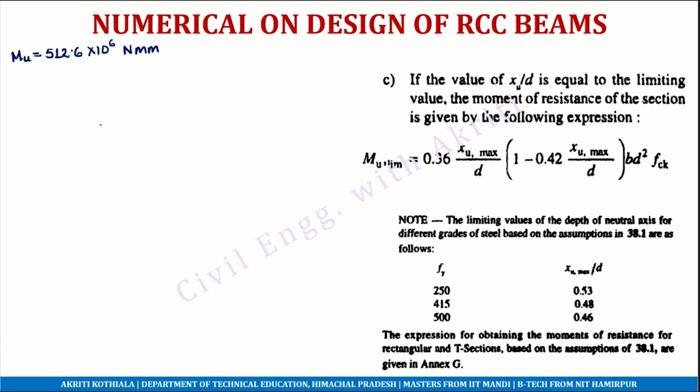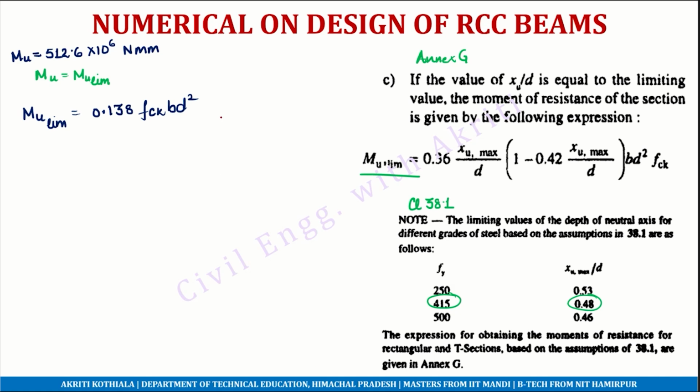We know that the beam is designed as a balanced section, so Mu will be equal to Mu limiting as before. From annexure G and clause 38.1, we will calculate the value of Mu limiting.